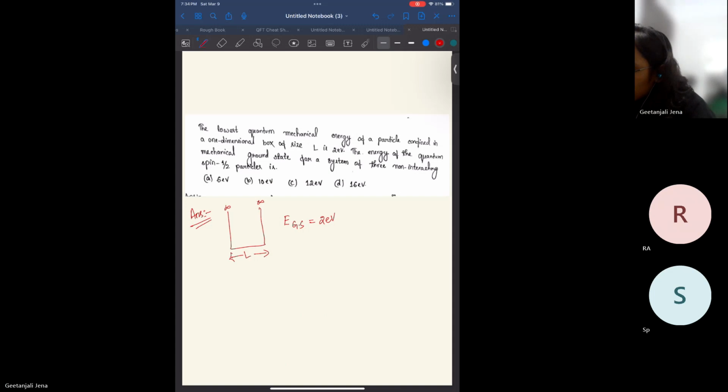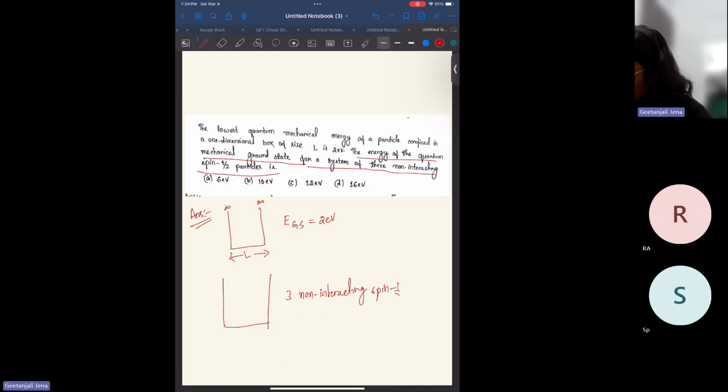Now, it is asking the energy of the quantum mechanical ground state for a system of 3 non-interacting spin-up particles. So instead of one particle, we now have 3 non-interacting spin-up particles.